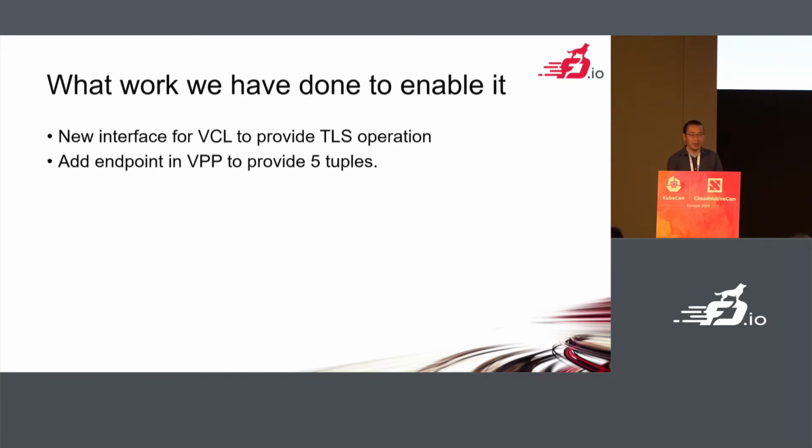Another thing, as I mentioned, is that Nginx thinks it is using TCP connections to talk with the peers. Nginx does not have any knowledge of TLS currently. So we also need to provide TCP transport to Nginx, so that Nginx understands it is using a transport based on TCP.